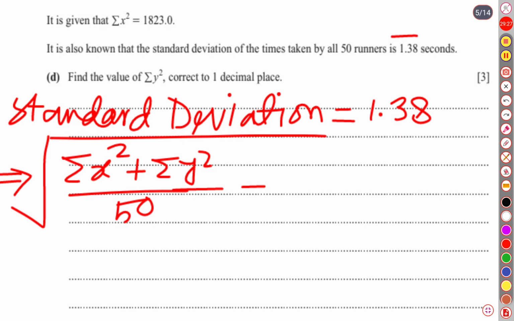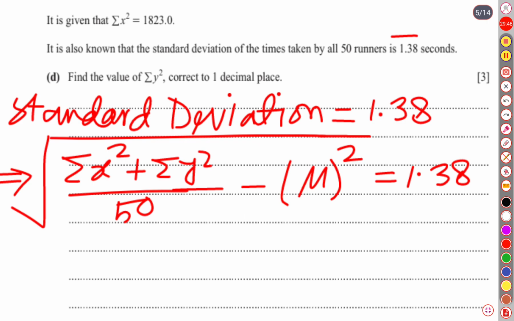So the mean value square, or E(X) whole square, whatever you call it, equal to 1.38.